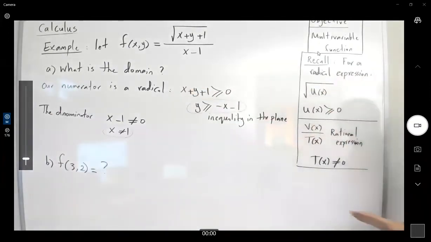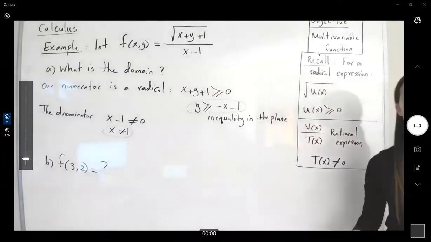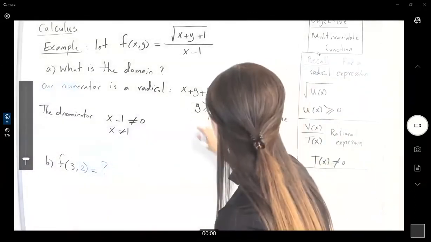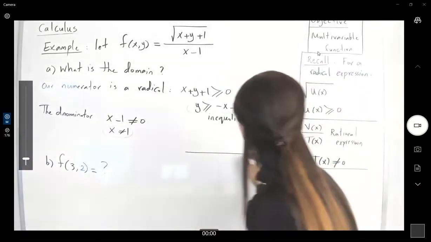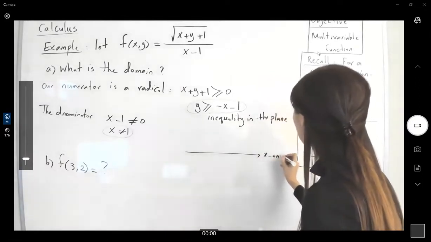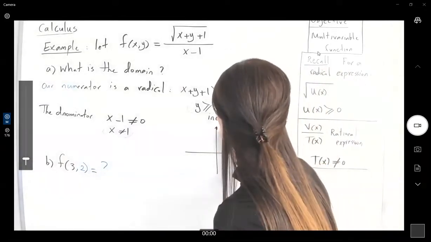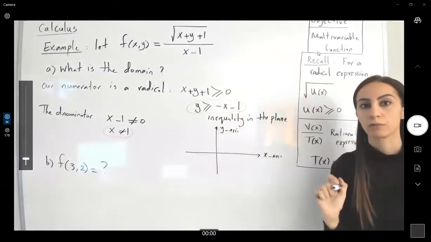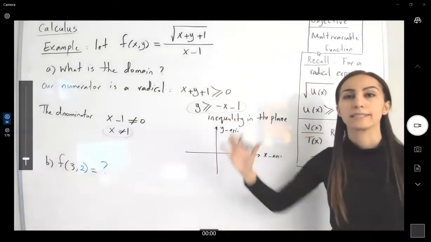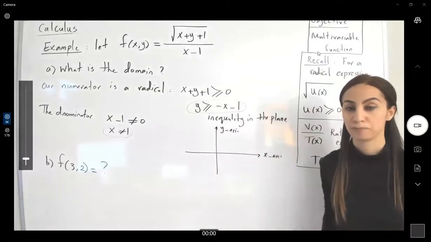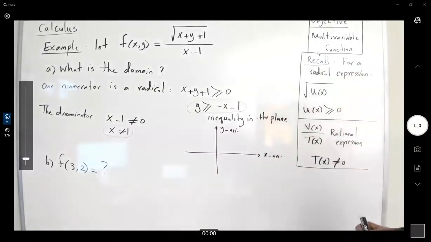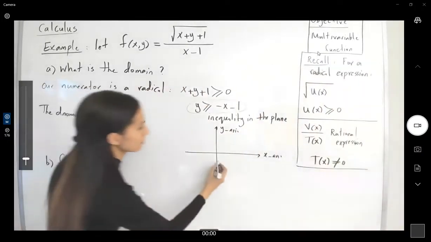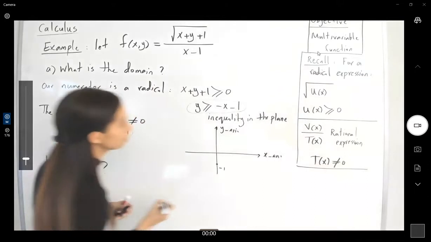Let us graph this to visualize what's going on here. Let us graph this inequality, x-axis, y-axis. Remember that here you have a function in two variables. The domain is part of the plane. Let us graph this guy.